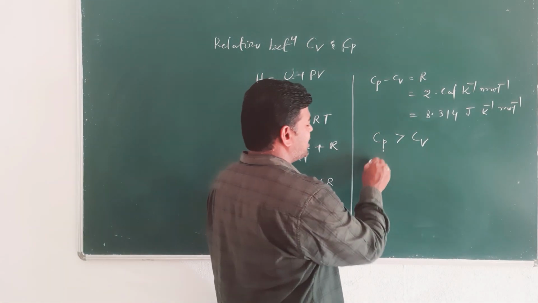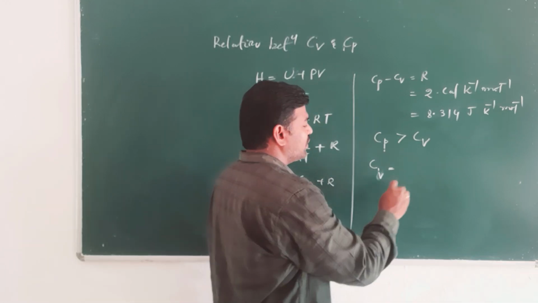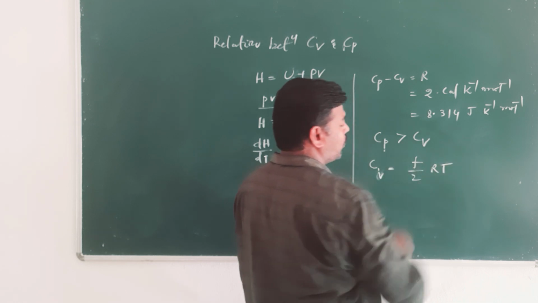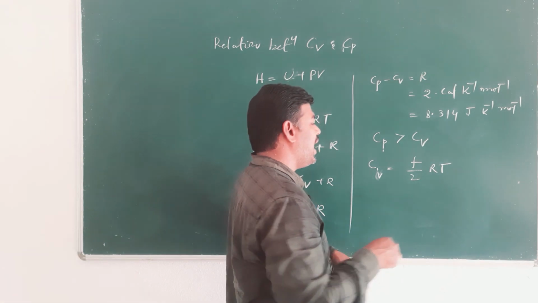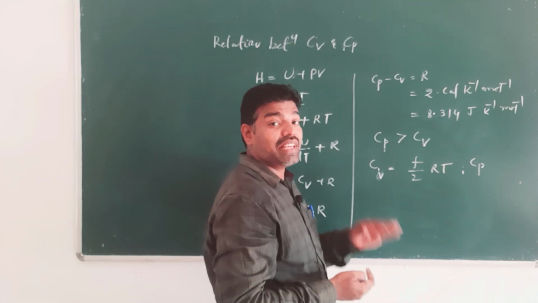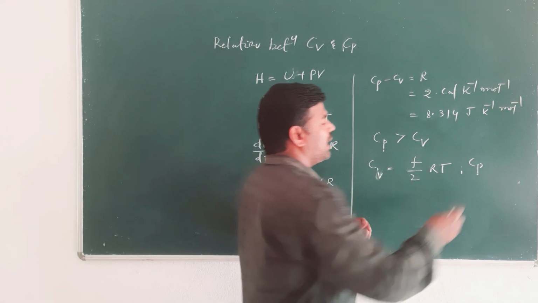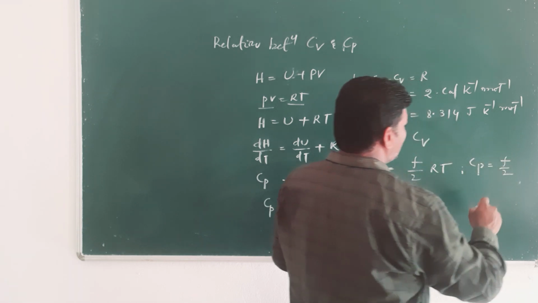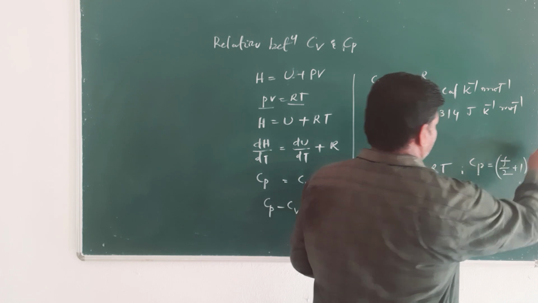Always Cv is equal to F by 2 RT, where F is the number of degrees of freedom. For a diatomic gas, we can write Cv is equal to F by 2 RT, and for the gas Cp is equal to (F by 2 plus 1) RT, right.